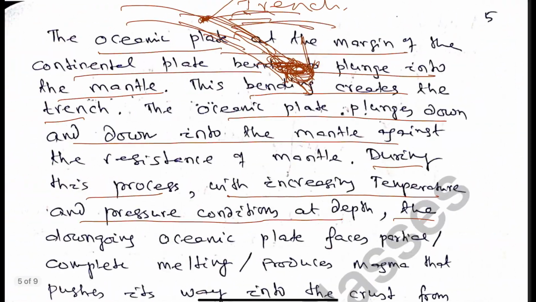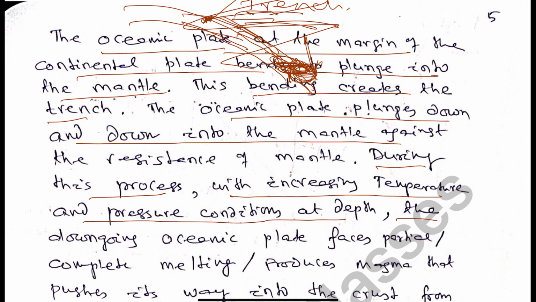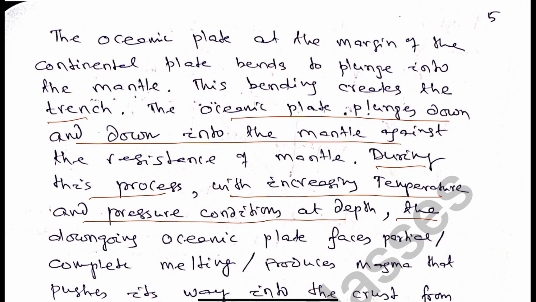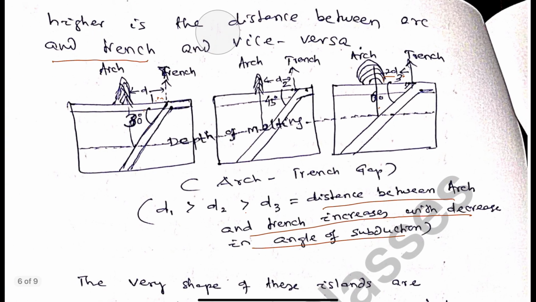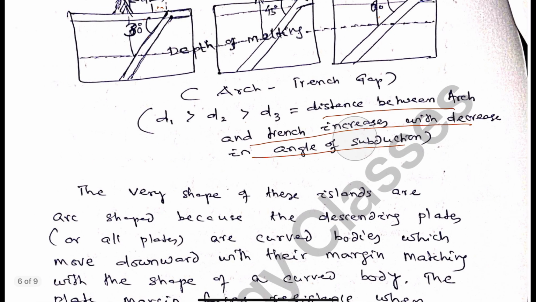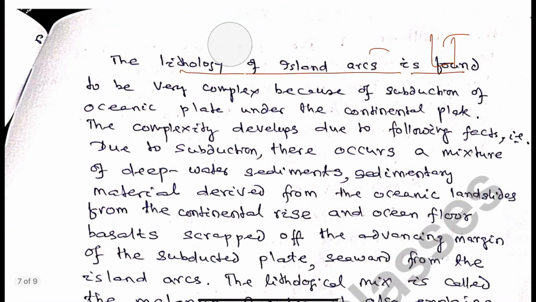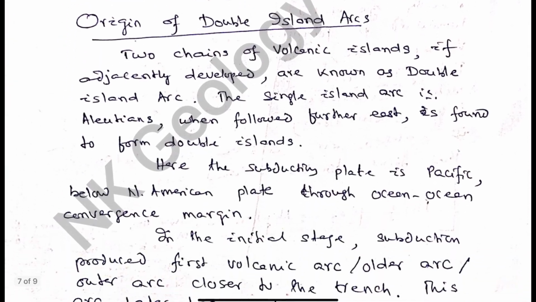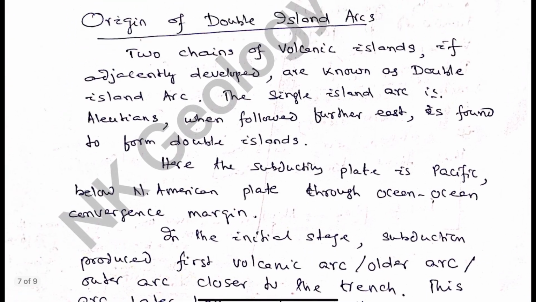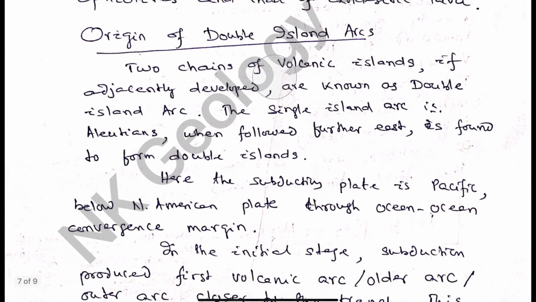So, how are double island arcs being produced? Let us discuss that. Two chains of volcanic islands are found in double island arcs.